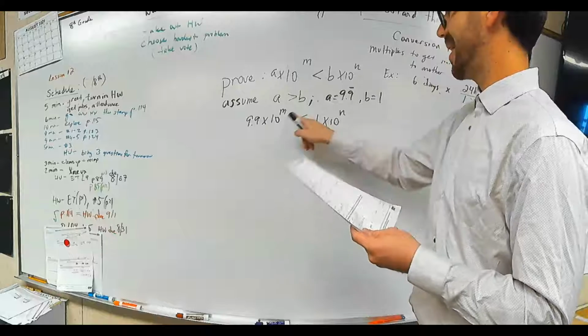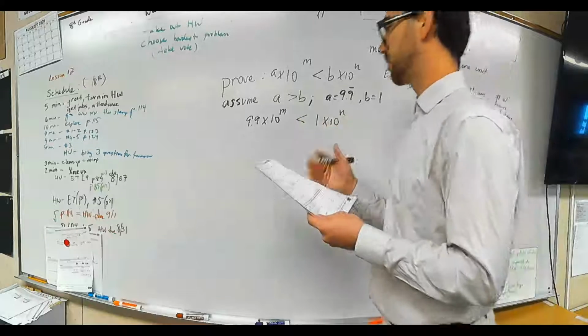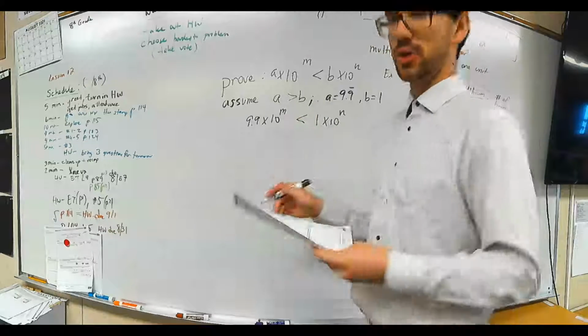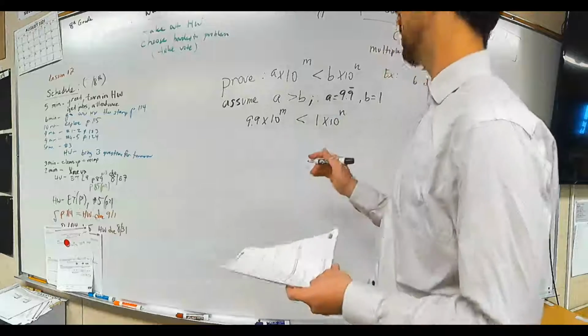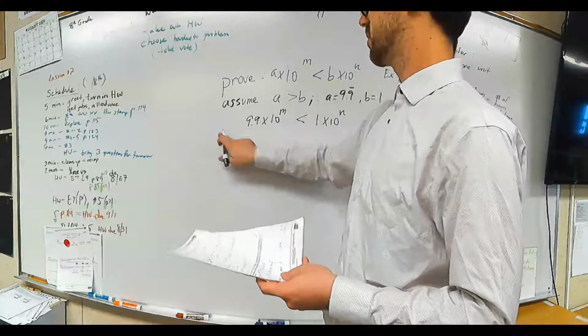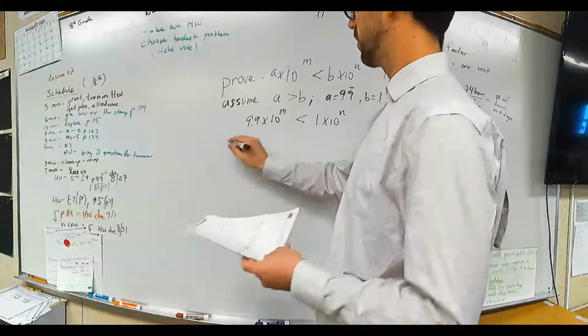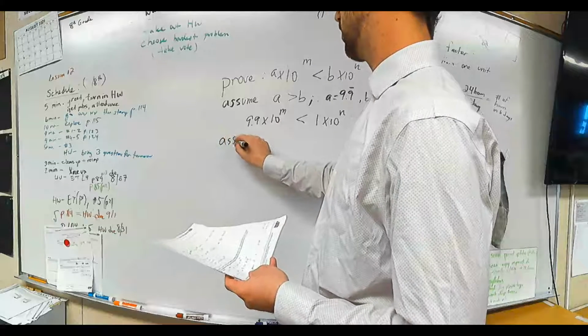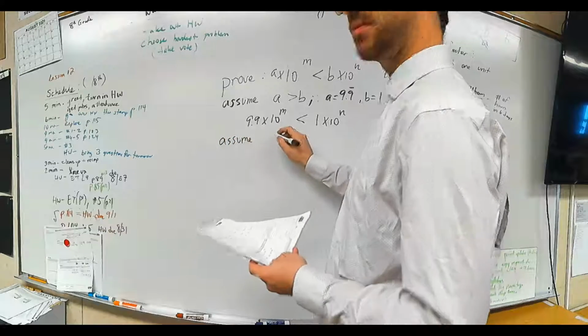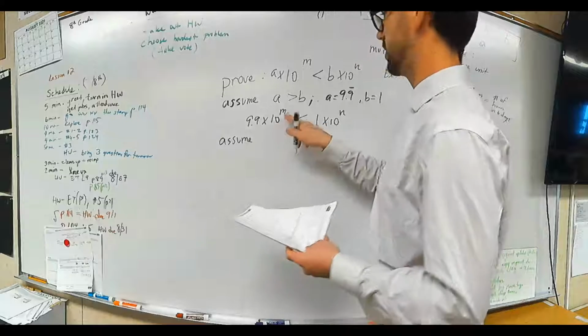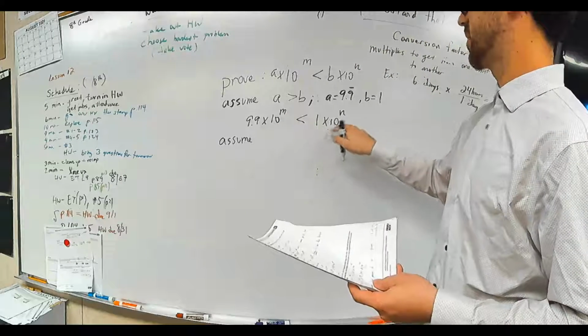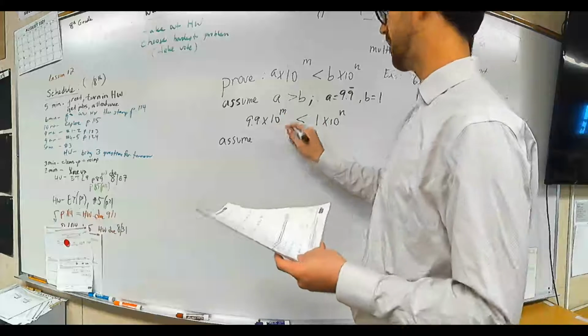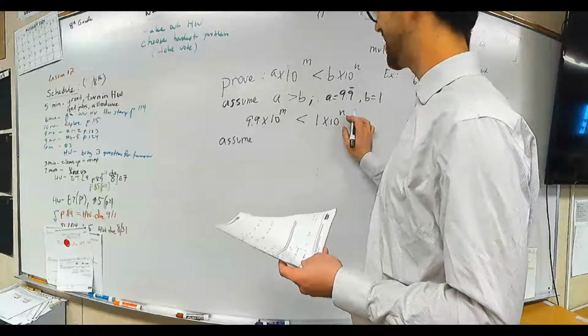We know that m is less than n. Okay? So again, I'm going to show you the craziest case. Let's assume that 10 to the power of m is going to be less than this one, since m is less than n.